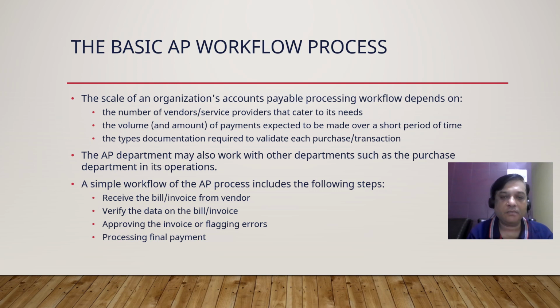The basic AP workflow depends on the following three things: the number of vendors and service providers that cater to its needs, the total volume or amount of payments to be made in a short period of time, and the types of documents required to validate each purchase transaction.